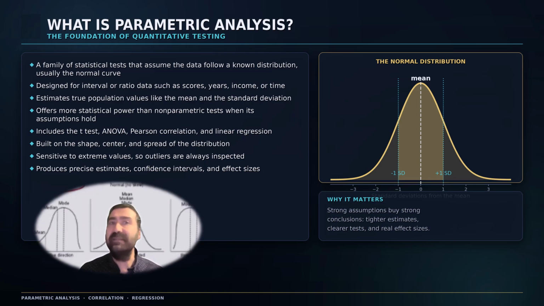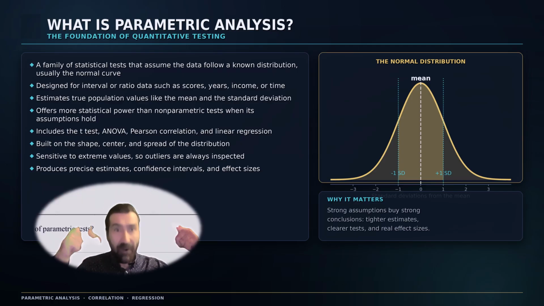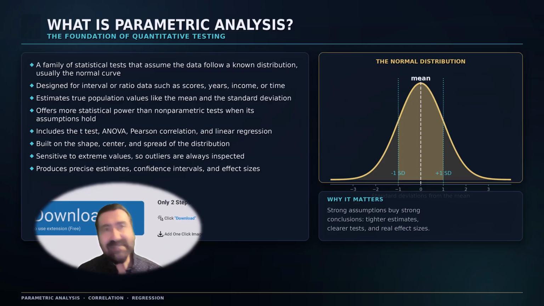The big names in this family are ones you have probably heard of already. The t-test, ANOVA, Pearson correlation, and linear regression. Those last two are our main characters for today. So here's the headline.